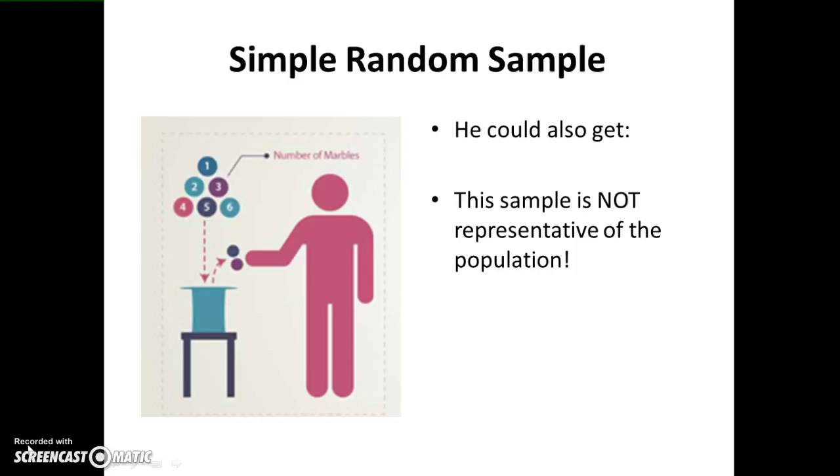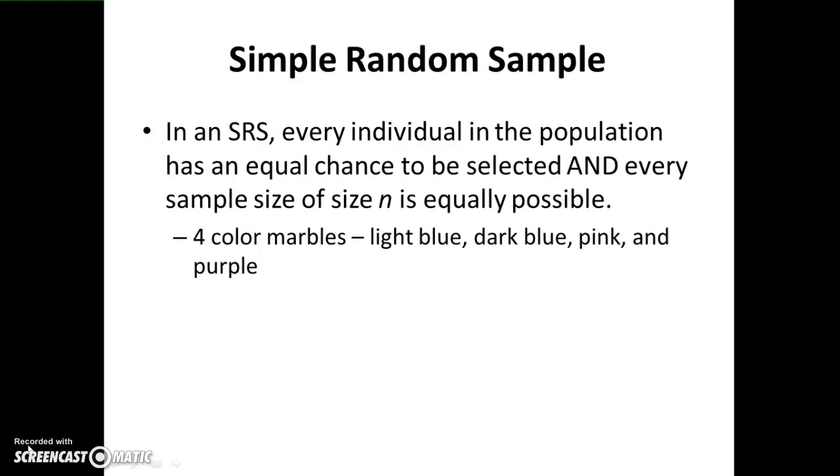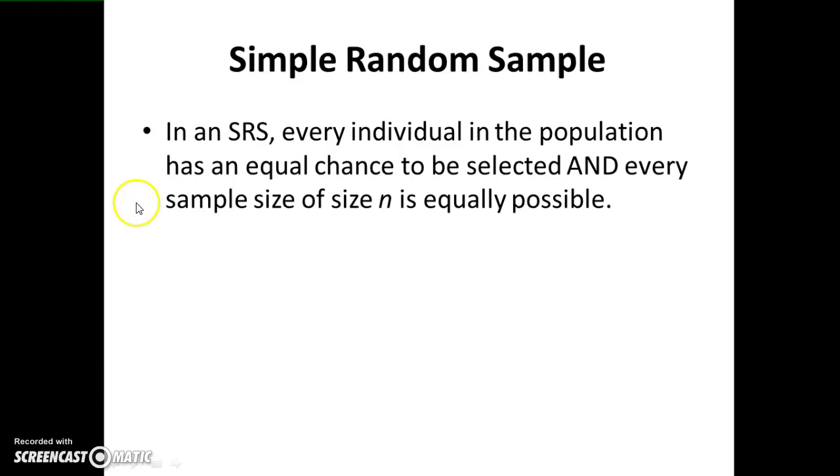However, in a simple random sample, our friend could also draw out 4 marbles of the same color. He could also pull out 4 purple marbles, right? Because, as we said in our definition, every sample of size n is equally possible.